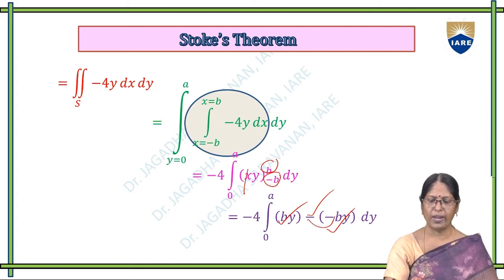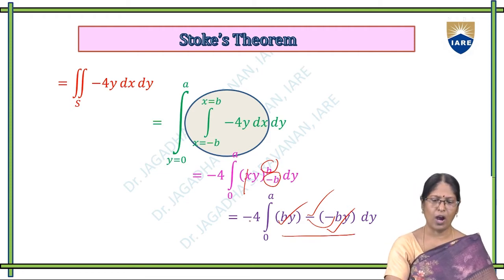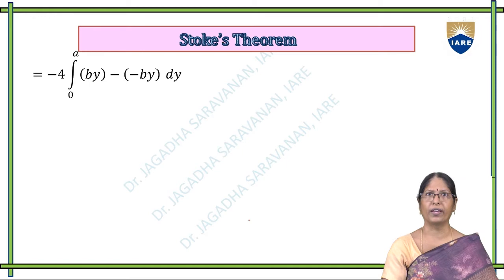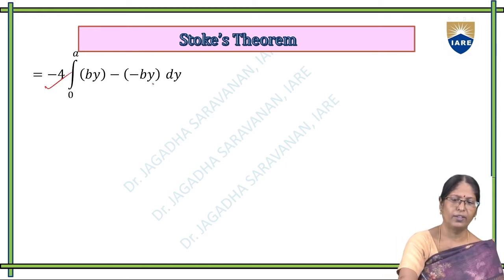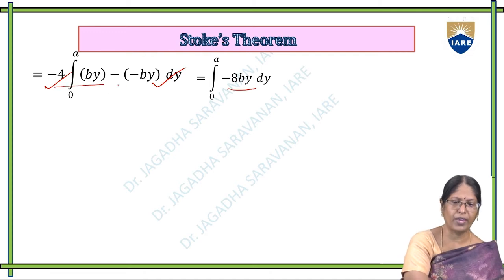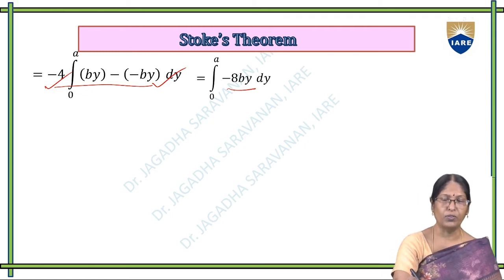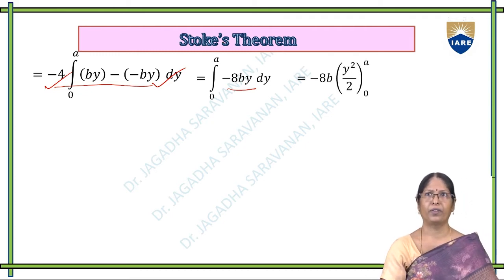Minus minus put together is plus, here we got plus 2by. Outside also minus 4 is there, so we can see it here. This is the last step. So put together the simplification, we got minus 8by dy from 0 to a.